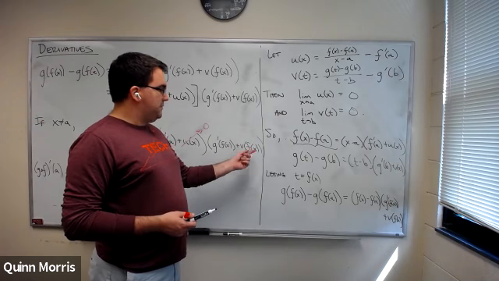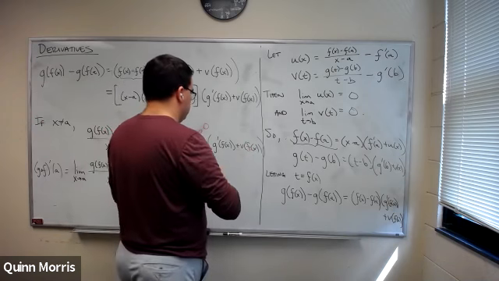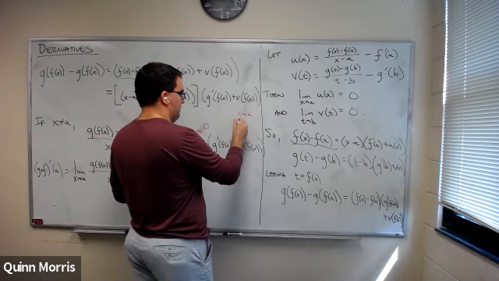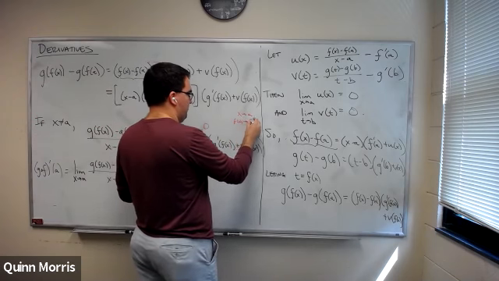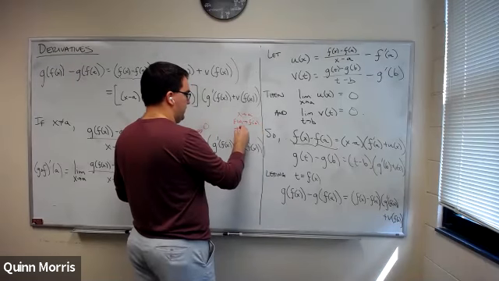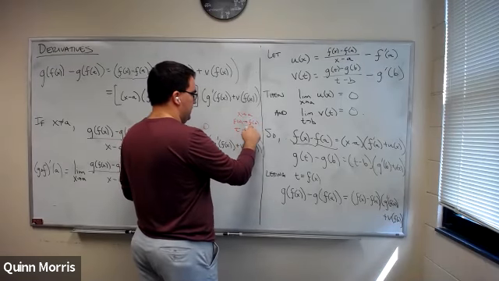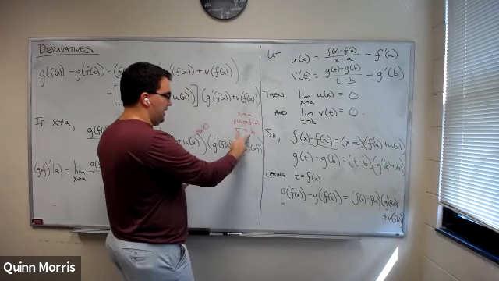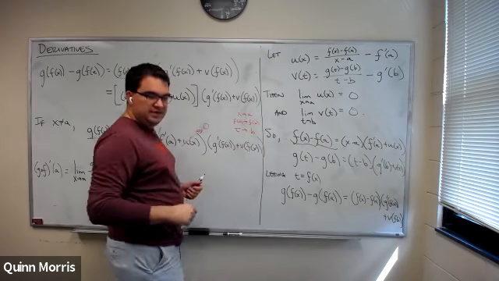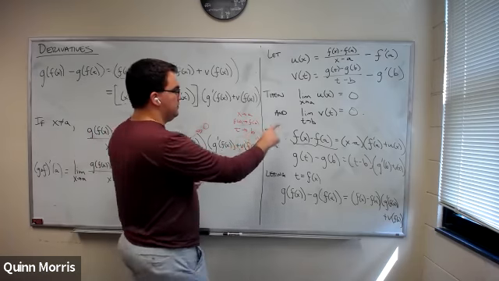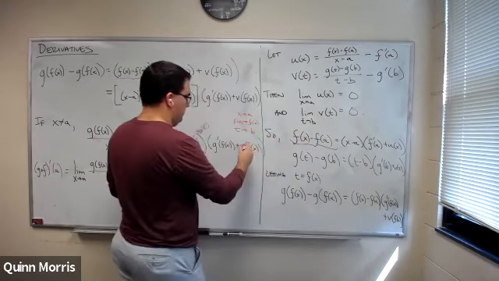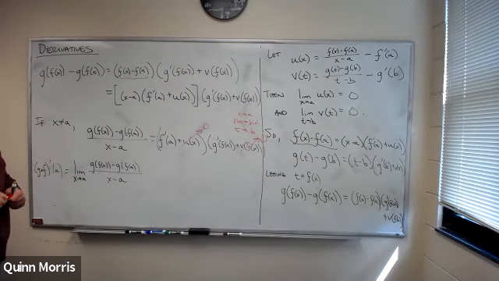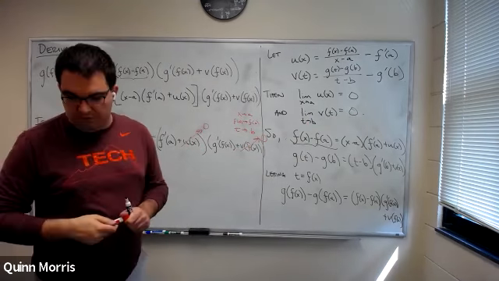But that's the same as saying, x going to a gives me that f of x goes to f of a, but f of x was what I called t, and f of a is what I called b. So really what I have is v of t, where t is going to b. But that limit is also 0. So this piece goes to 0 here.